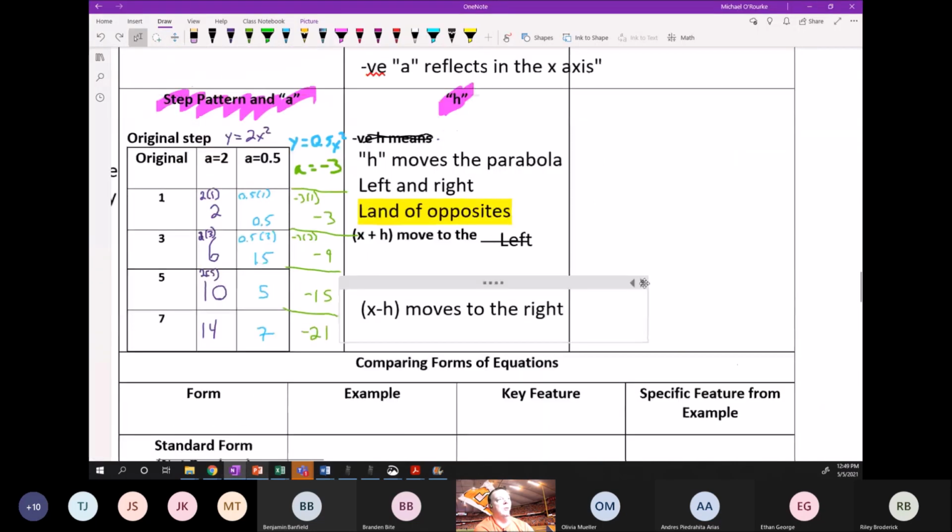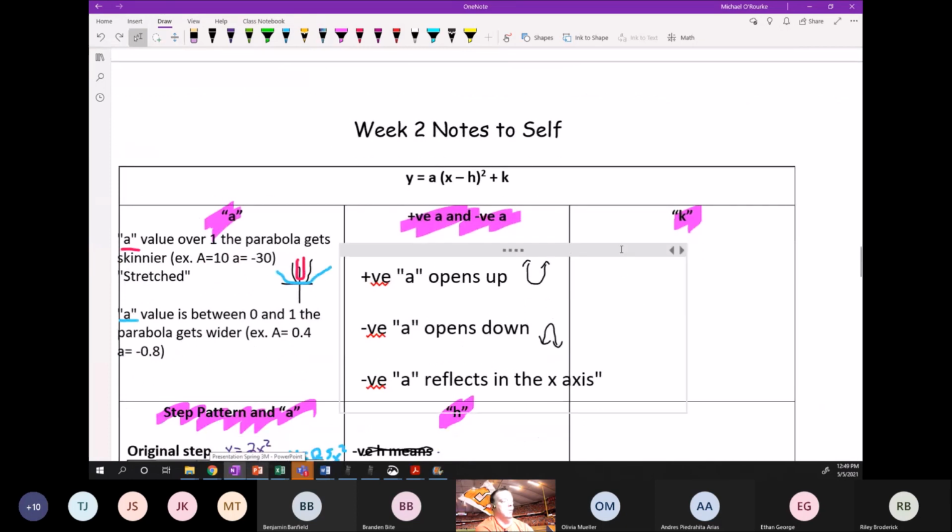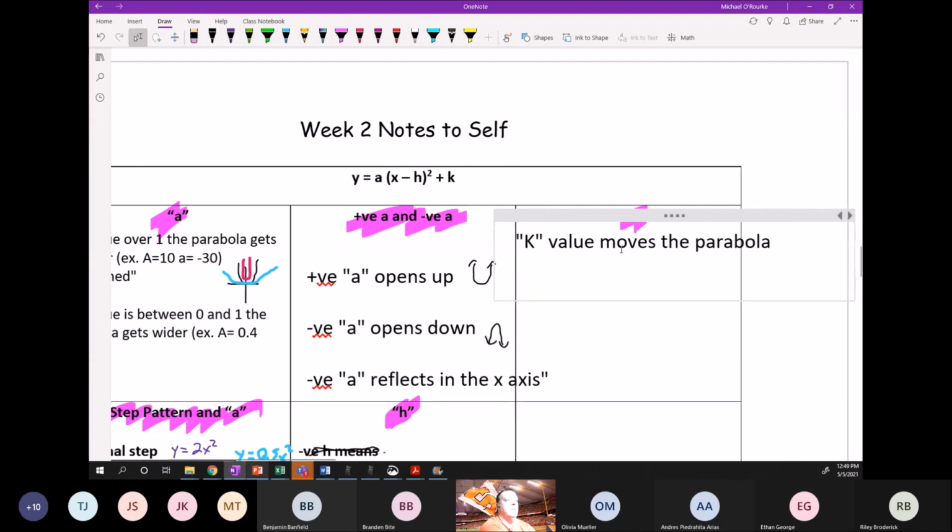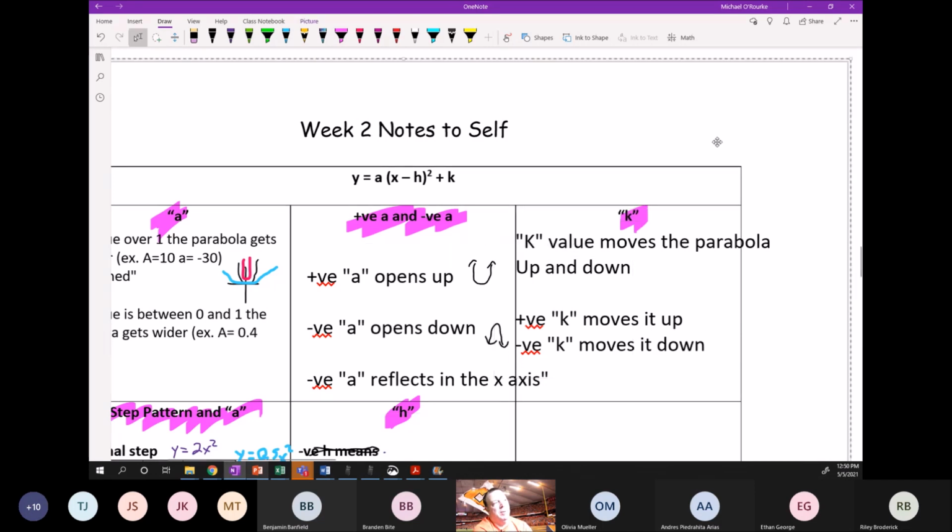We can go back to our little note. So K value moves the parabola up and down.